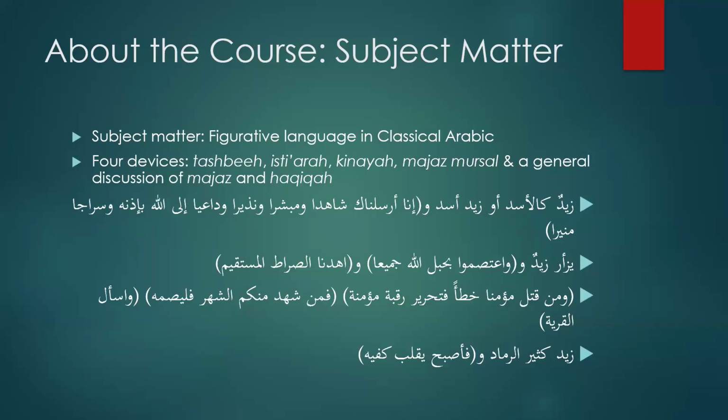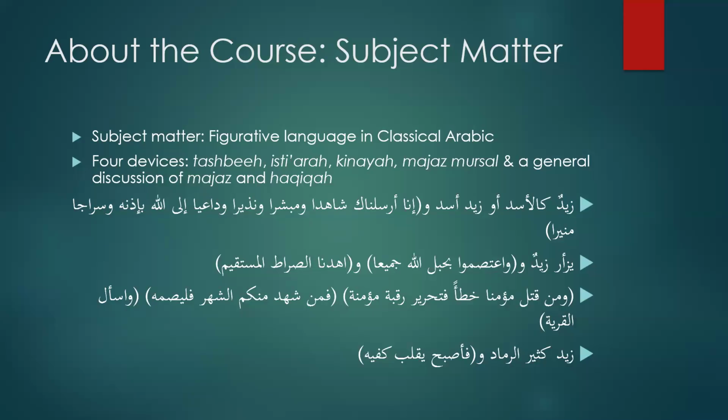And so therefore, it's a case of majaz because we removed one of the two endpoints. It's like wa'tasimu bihablillahi, because here the deen of Allah is the mushabbah and the habl is the mushabbah bihi. So it's the opposite of yaz'aru Zayd.